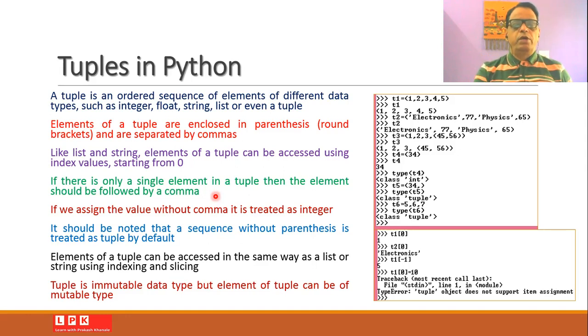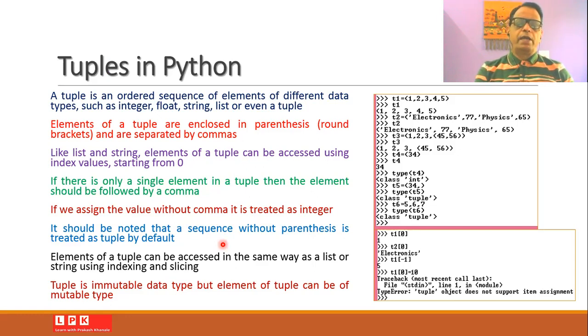So if we assign the value without the comma, it will be treated as an integer by Python. It should be noted that a sequence without parentheses is treated as a tuple by default. So whenever you write some sequence in a Python program, even if it is without parentheses, by default it will be treated as a tuple.